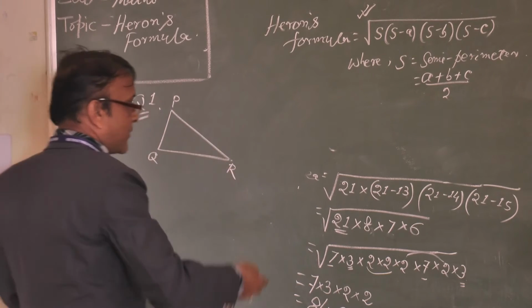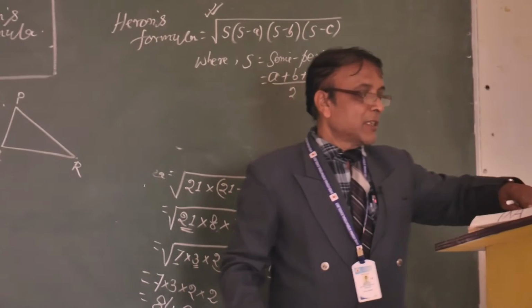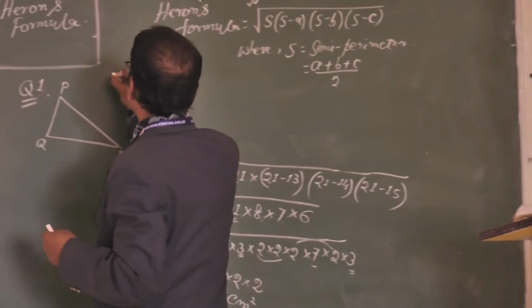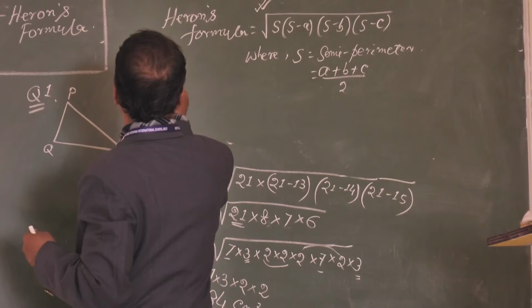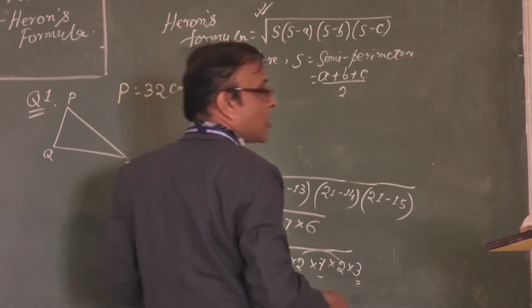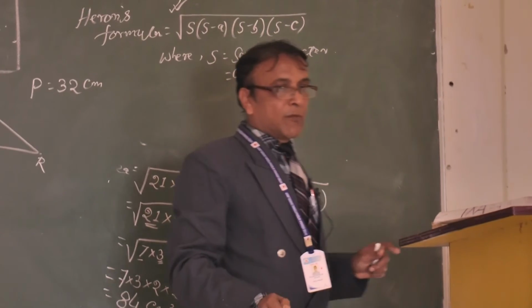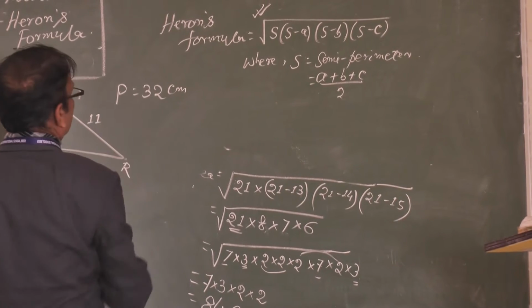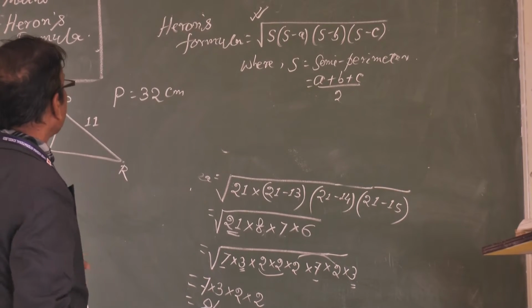The perimeter is given, that is equal to 32 centimeter, and the other two sides are given, one is 8 centimeter and another is 11 centimeter. The third side you can find out.